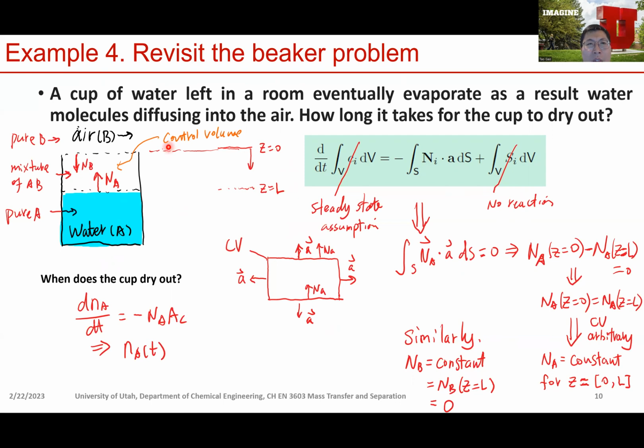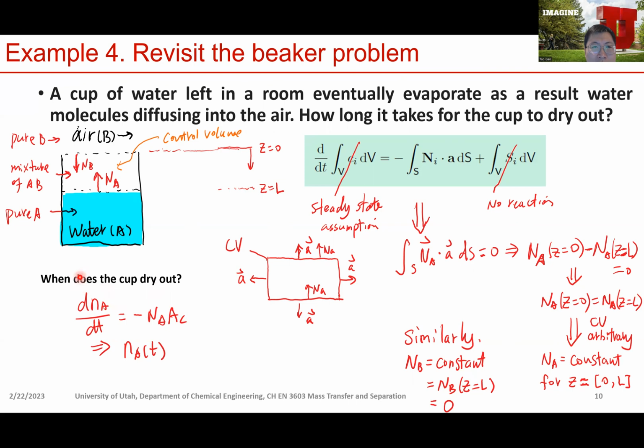In real life, the beaker problem is very common. For example, if you leave a cup of water in the room, given time, the water will evaporate as water molecules leave the liquid phase and get into the air. And we may ask how long it takes for the cup to dry out.